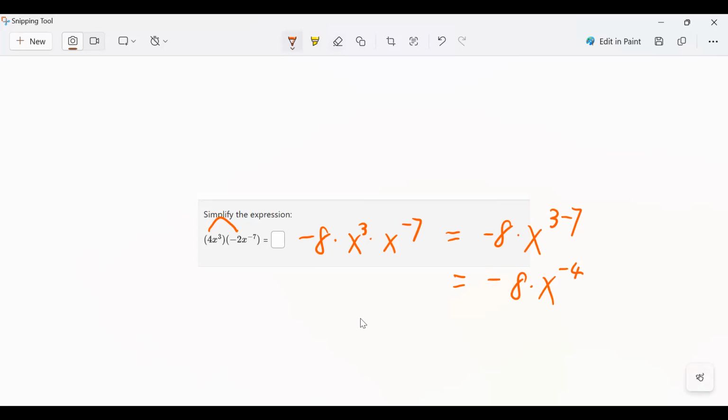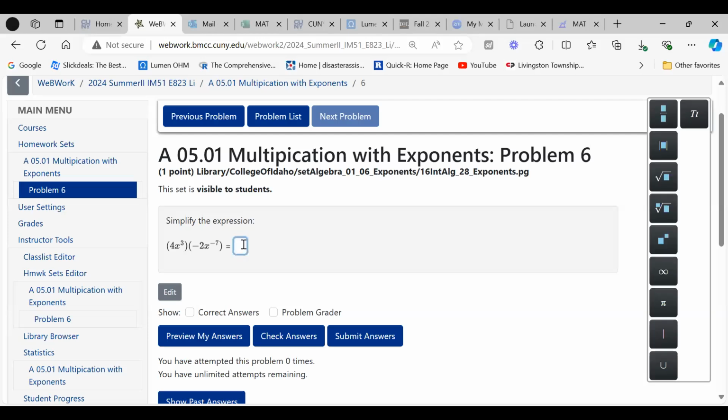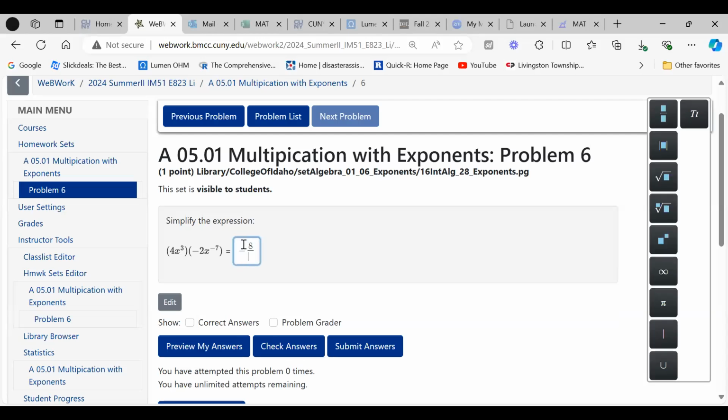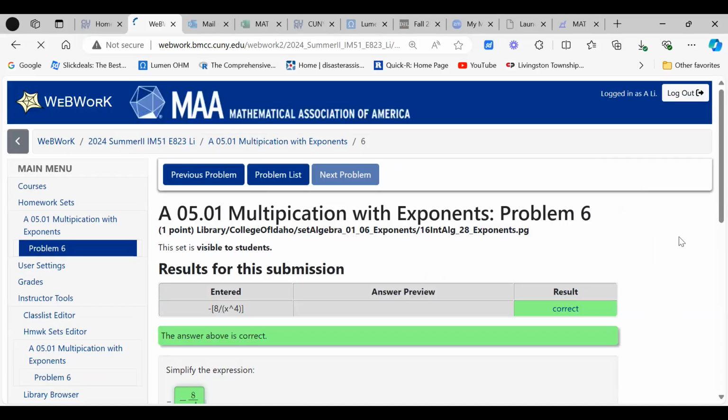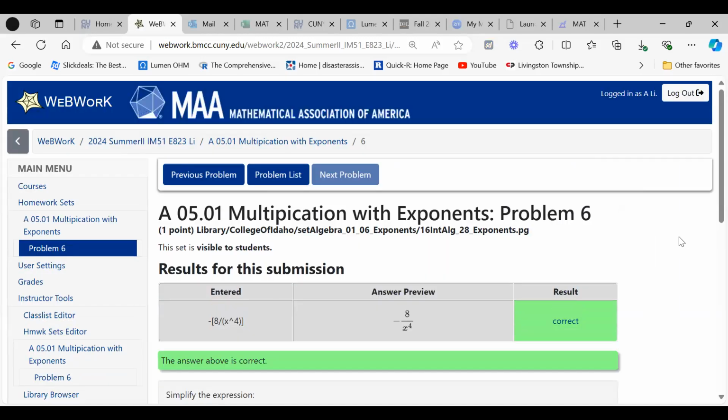And again, negative exponents are not allowed. So make a fraction, flip this to the denominator, and then you get negative 8 over x to the 4th. So the answer is negative 8 over x to the 4th. You get a correct answer.